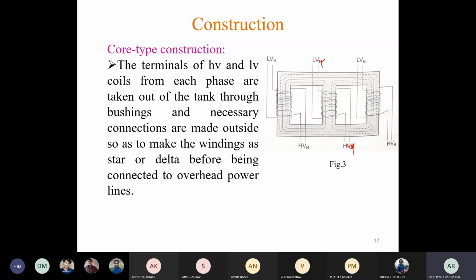Okay, the 3-phase transformers are connected either in star star or star delta or delta star or delta delta, and if there are 9 coils then it can also be connected as the zigzag.